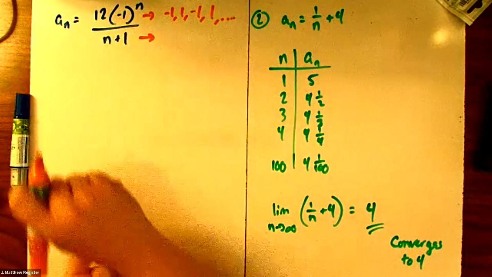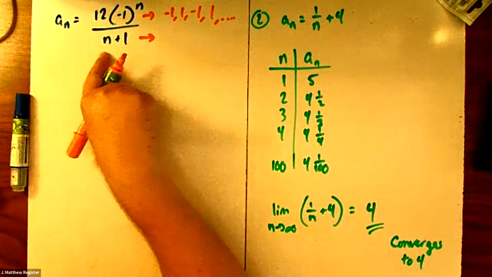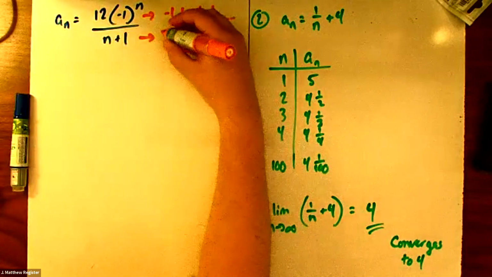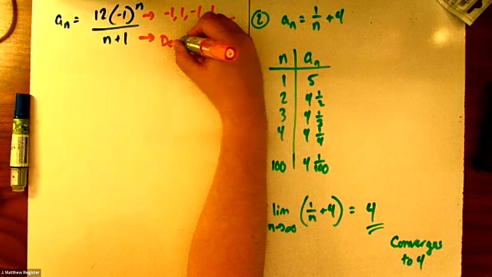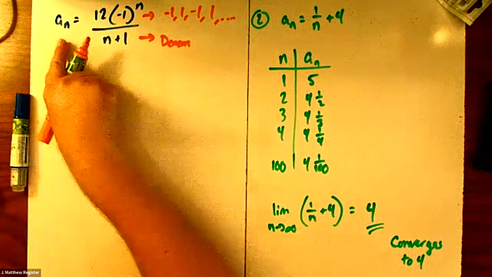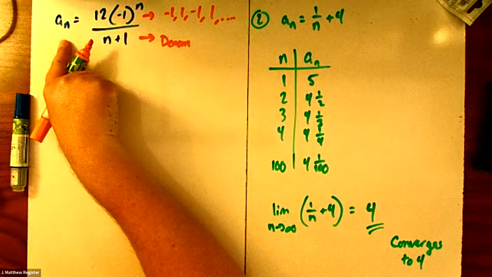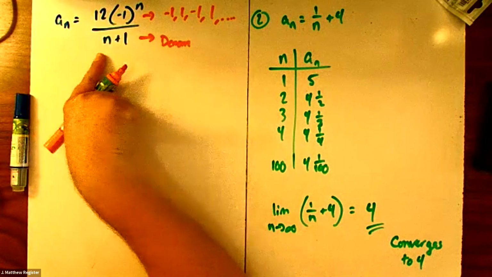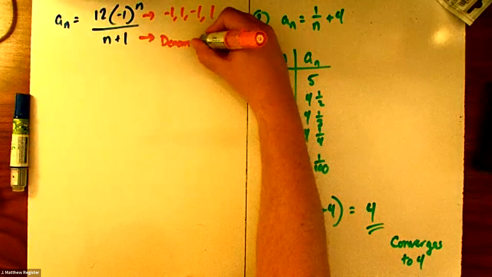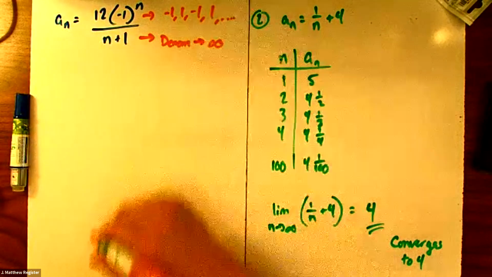The n plus 1, as n gets super big, is going to become super large. And so that means that our denominator is going to get huge. If we think about it, as n goes to infinity, when n is equal to 1 million, this is going to be 1,000,001. So the denominator goes to infinity, let's say.